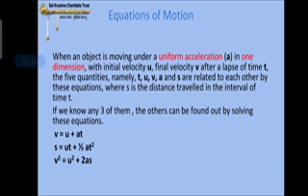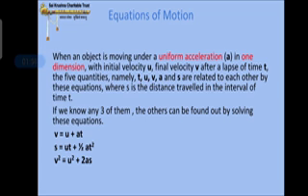We know these 3 equations: v is equal to u plus at, s is equal to ut plus half at square, and v square is equal to u square plus 2as. These are the 3 formulas using which, if any one of these is unknown, you can find it out easily.